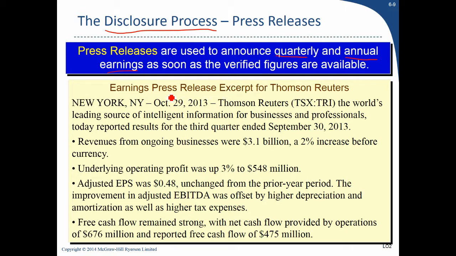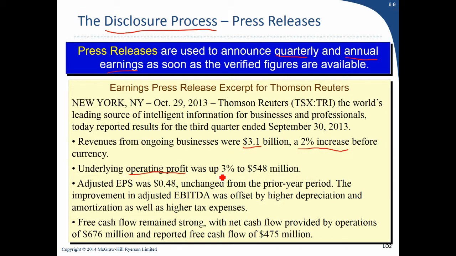So this is a press release excerpt for Thomson Reuters. So Thomson Reuters is the world's leading source of information for businesses and professionals. So they do a lot of reporting themselves. You can get financial information from them. And so these are actual figures. Revenues from ongoing businesses were $3.1 billion, a 2% increase.